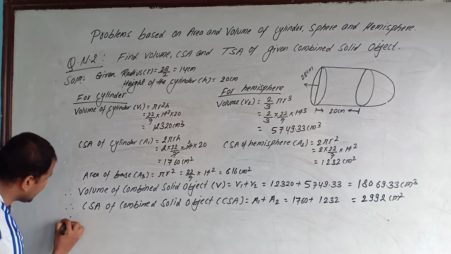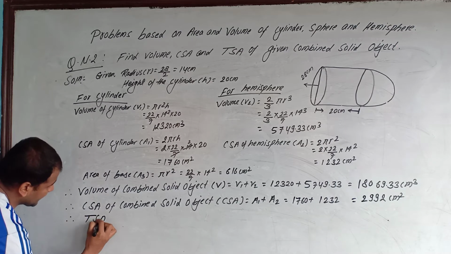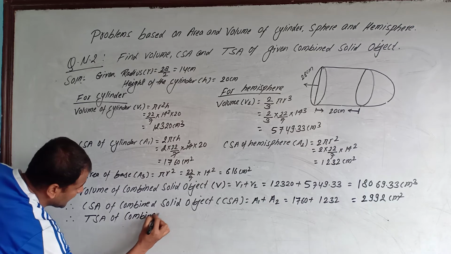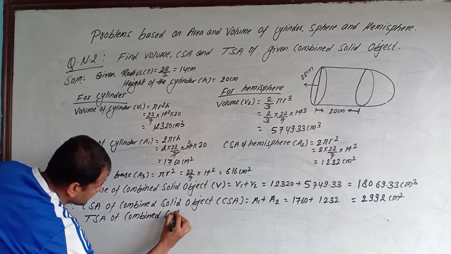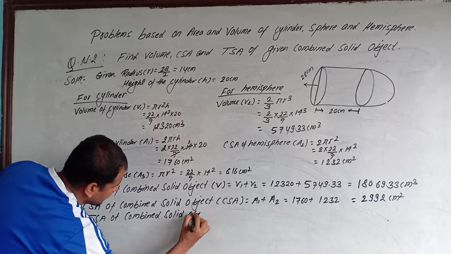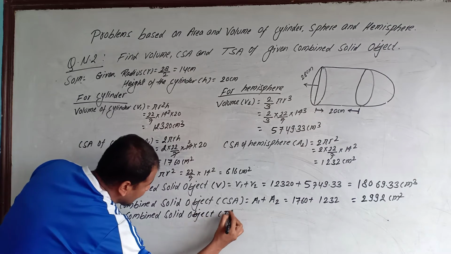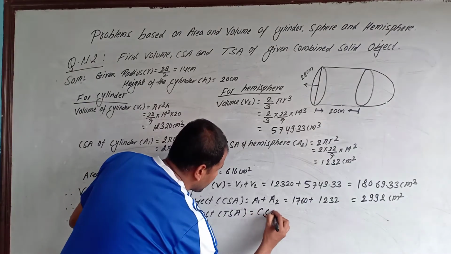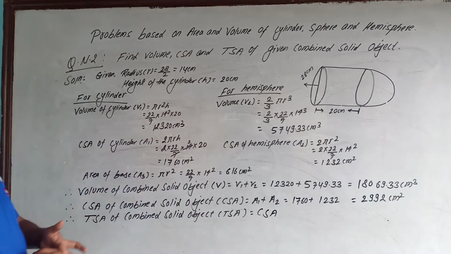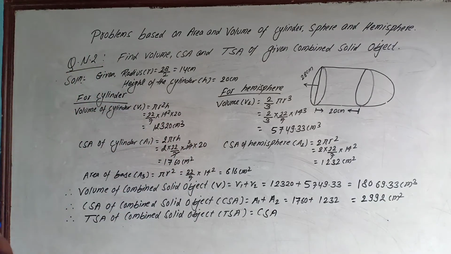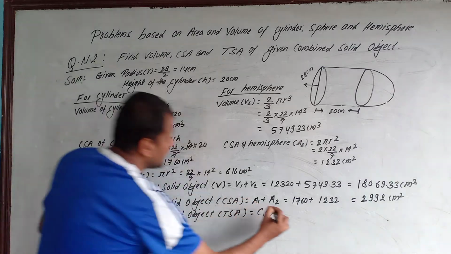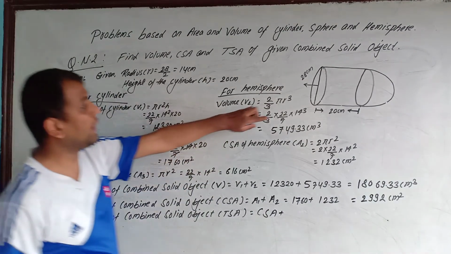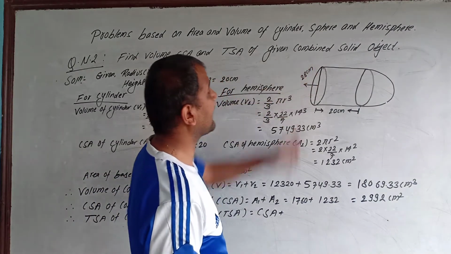And TSA, total surface area of combined solid object, is equal to CSA of combined solid object. Firstly, we should find the CSA of combined solid object plus remaining part if there is. So here this base area is remaining.